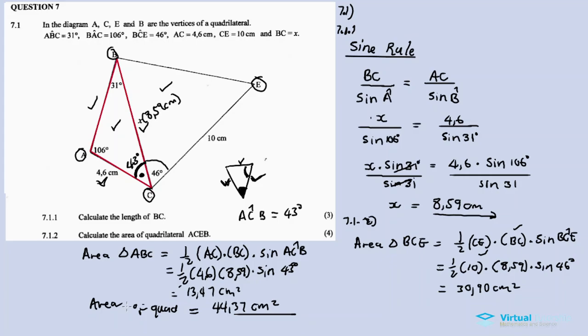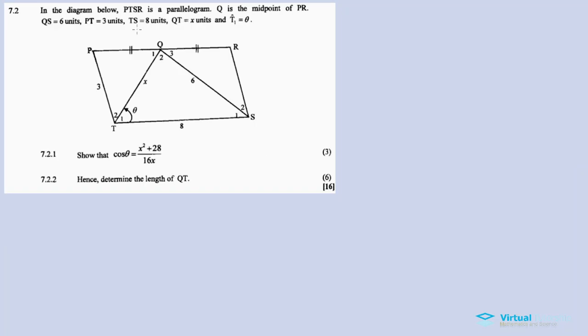Now we go to 7.2, the second part of this question, but first let me erase here. Alright, now 7.2. In the diagram below, PTSR is a parallelogram, and Q is the midpoint of PR.